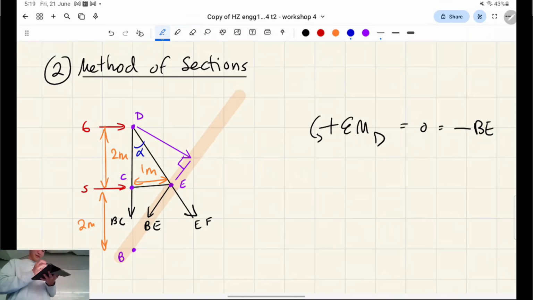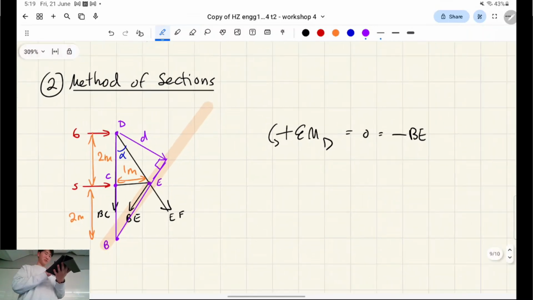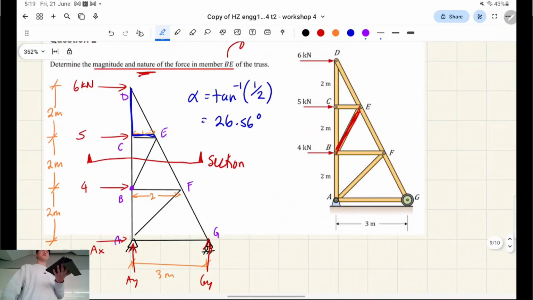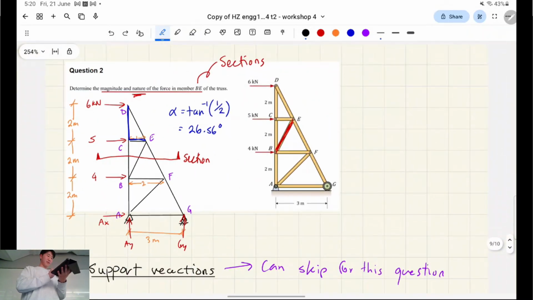Okay, so how do we find out, let's call this lever arm D. Well, we can make a bigger triangle with this point which isn't even on our section. So you can still take some of the moments about certain points which are off our grid system, right, but are in the overall structure, right?